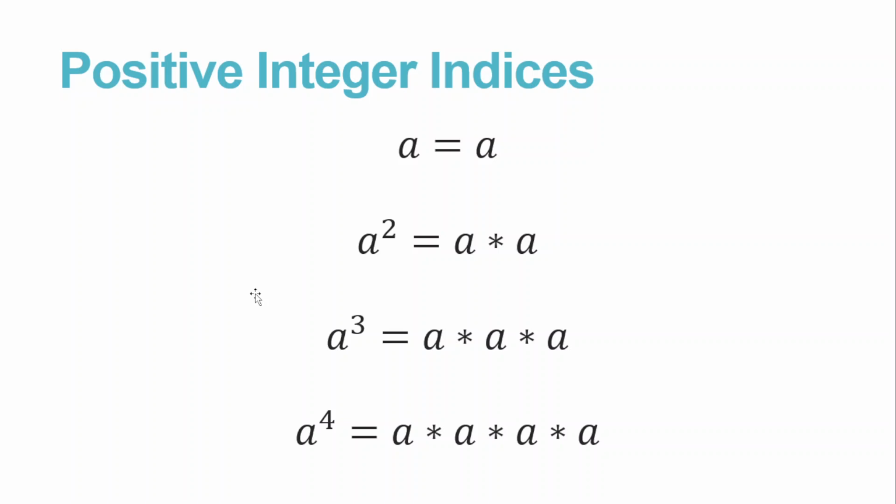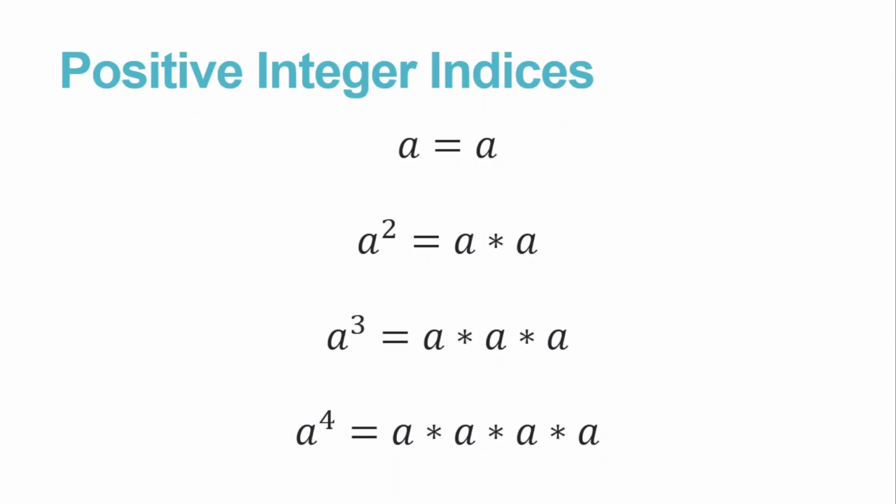I hope that you can see the pattern, right? If you're going to multiply the same number, you can have it like a cube, so it's going to be in the exponent.